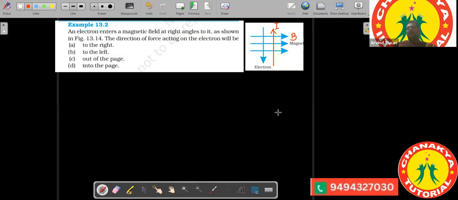Middle finger, and rotate your hand, keeping it fixed. Rotate it so that your forefinger starts pointing in the direction of magnetic field line. Rotate it like this, and your forefinger should point in the direction of magnetic field.